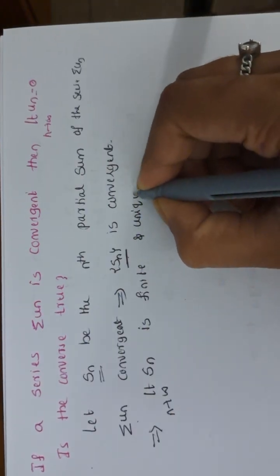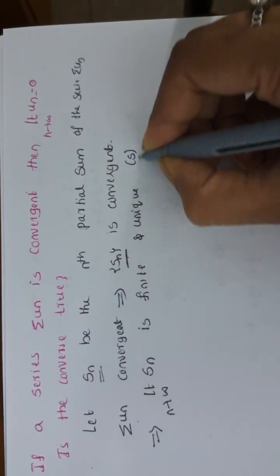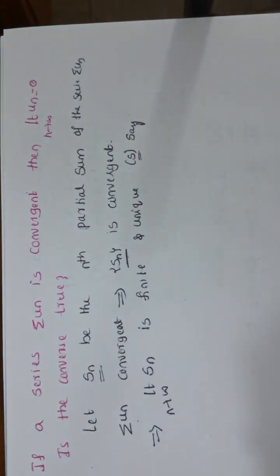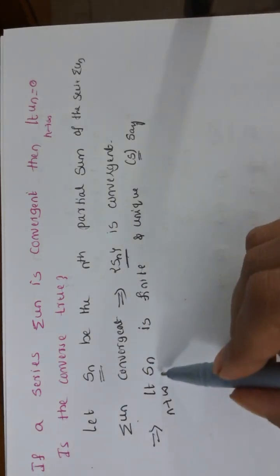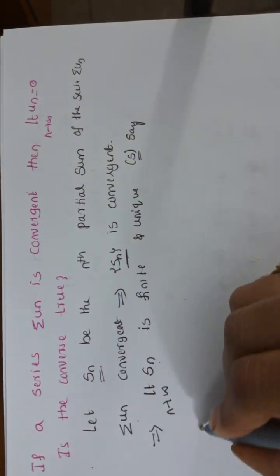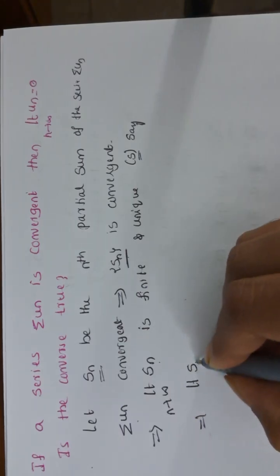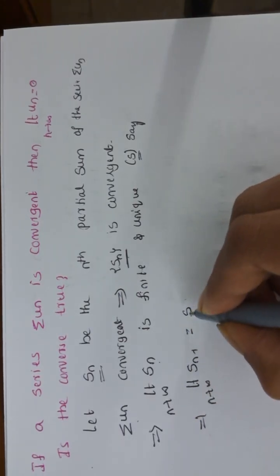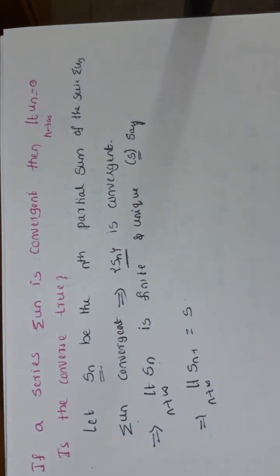Let us say that it is equal to some S. Similarly, if I consider the partial sum of n minus 1 terms as n tends to infinity, this is also finite and equal to S.